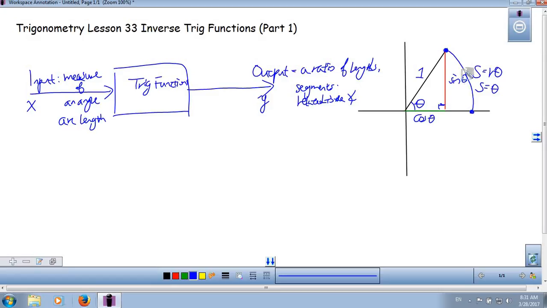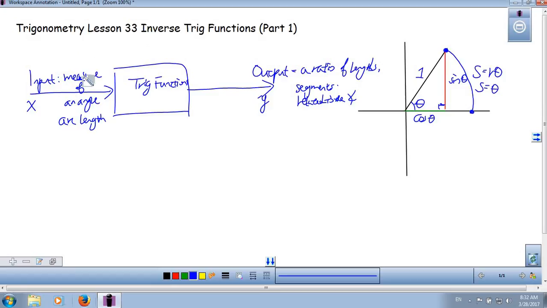This relationship allows us to relate the arc length, not just the angle, to various segments, like the tangent, secant, and cotangent segments. This arc length theta is the same as the arc length s when the radius is equal to 1. So arc length is also related.